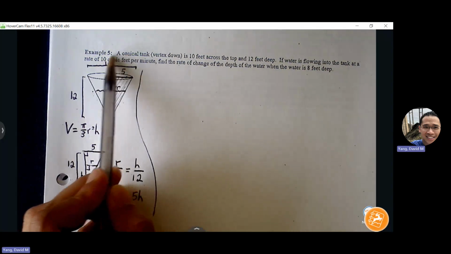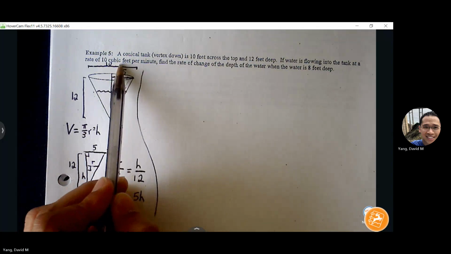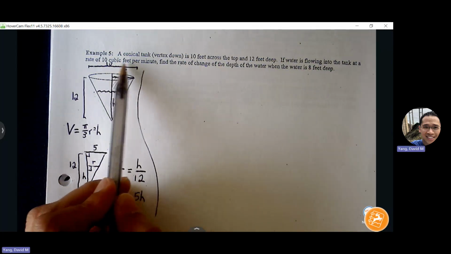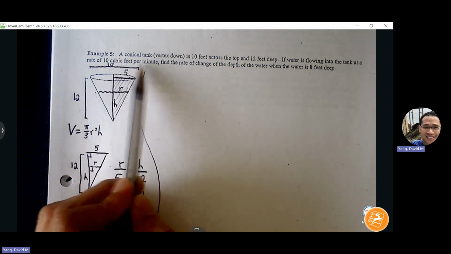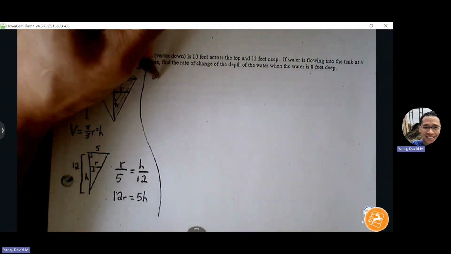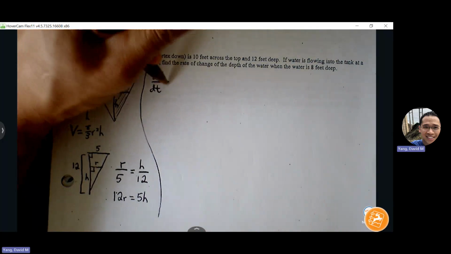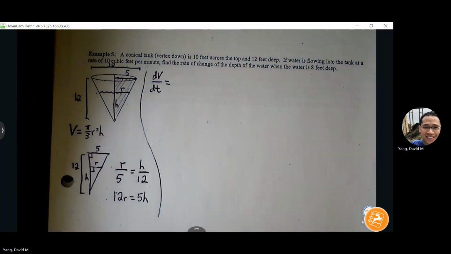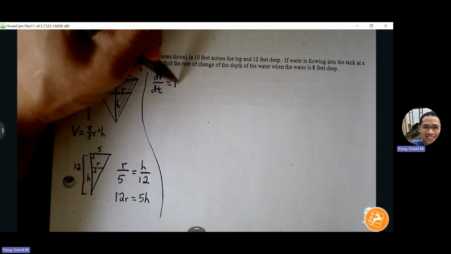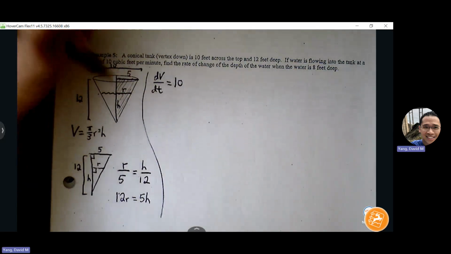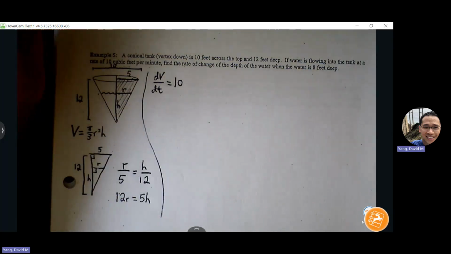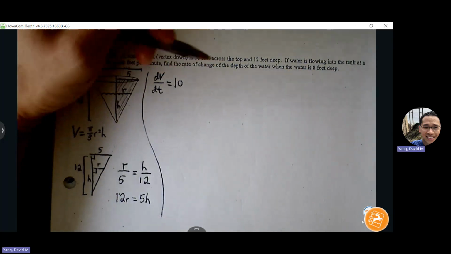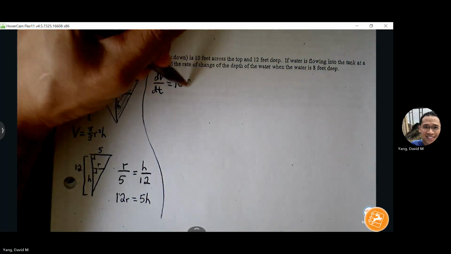What variable is going to hold that information? Cubic feet must be volume, but then minute is the time component, so that's dV/dt. Okay, so let's put that here, dV/dt. Positive or negative 10? Positive, because water is growing inside, there's more water building in the tank. The tank is gathering more water.